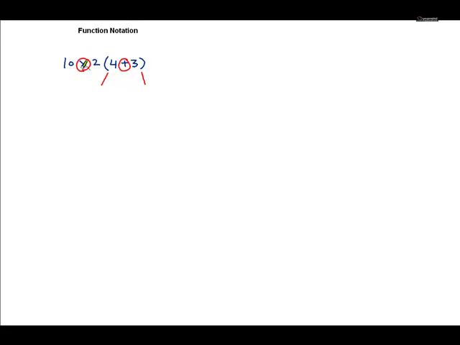So in other words, into, plus, and brackets are notation, or the short form used in simple mathematics.